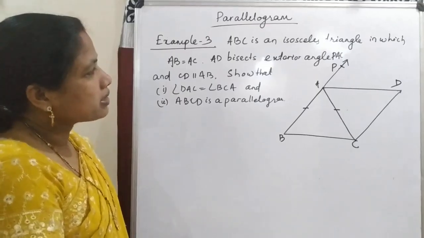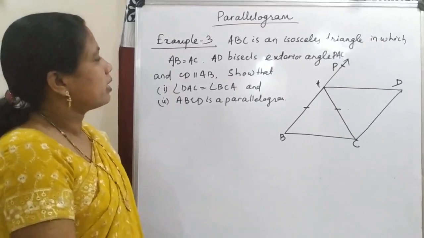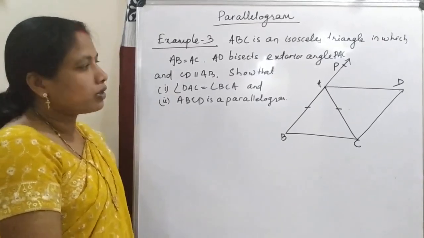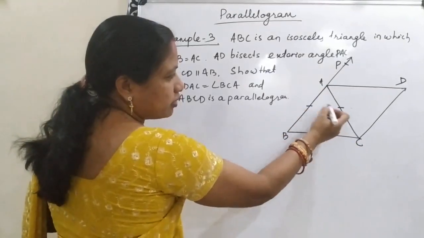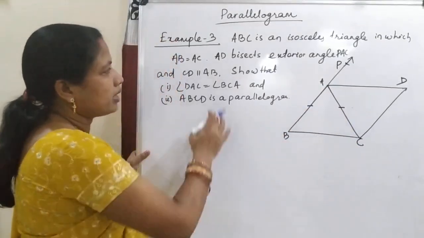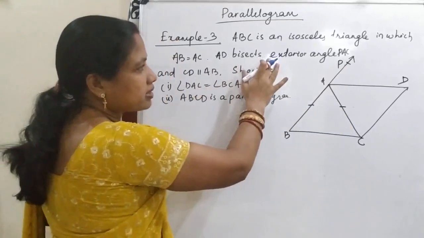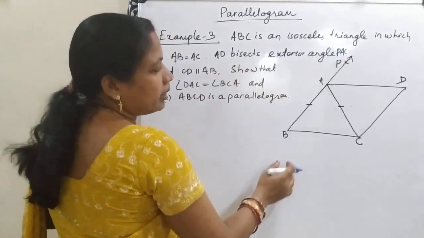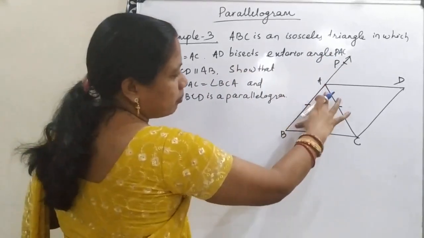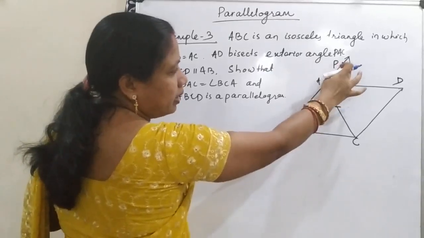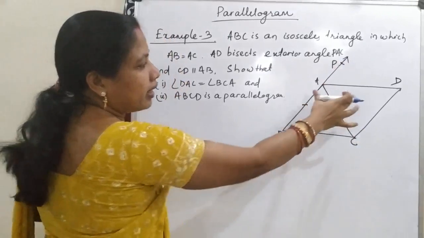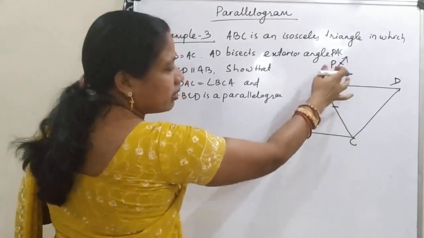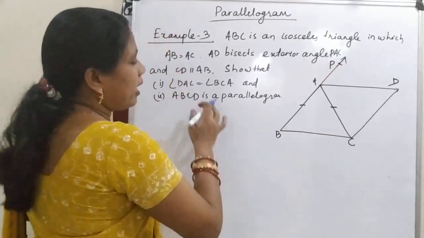Example 3: ABC is an isosceles triangle in which AB is equal to AC, and AD bisects the exterior angle PAC. Here BA is produced to P. So PAC is the exterior angle and AD bisects the angle PAC.